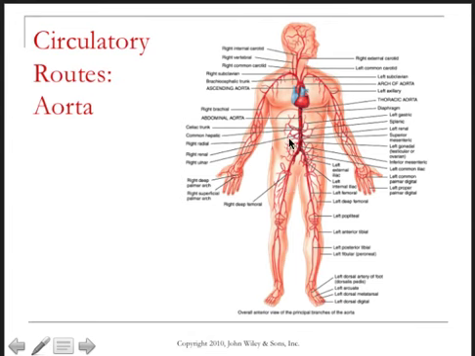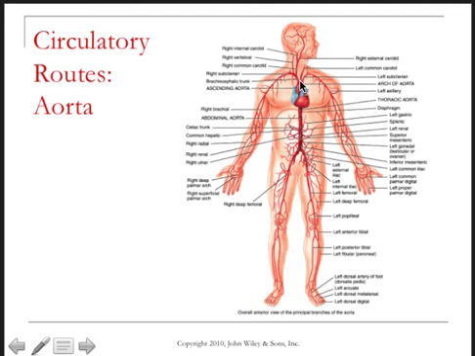Now, if we head up back here to the aorta, as we branch off here, what you've got now is the brachiocephalic trunk on the right side, and on the left side the left carotid and left subclavian coming right off the aorta.